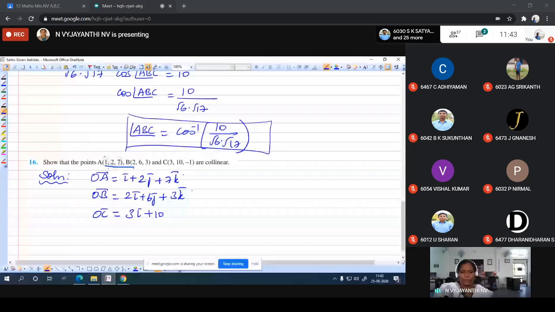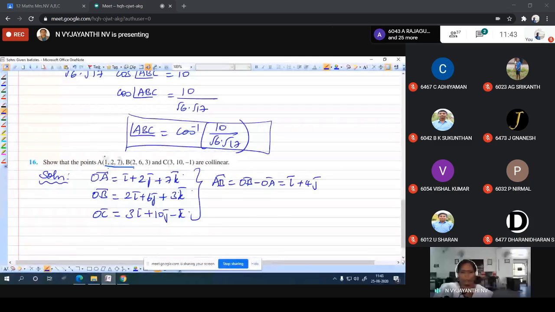So we should find out AB vector. OB minus OA will give 2 minus 1 is i, 6 minus 2 is 4j, 3 minus 7 is minus 4k. BC vector is OC minus OB, which is 3 minus 2, i, 10 minus 6, 4j, minus 1 minus 3, minus 4k.